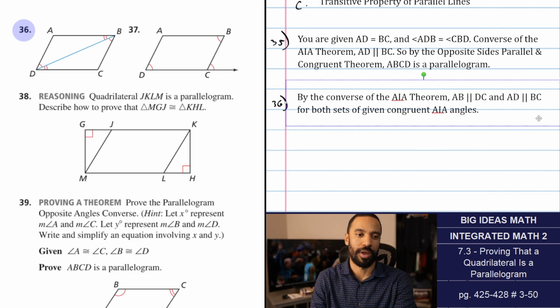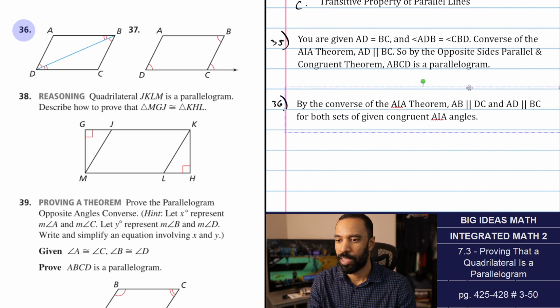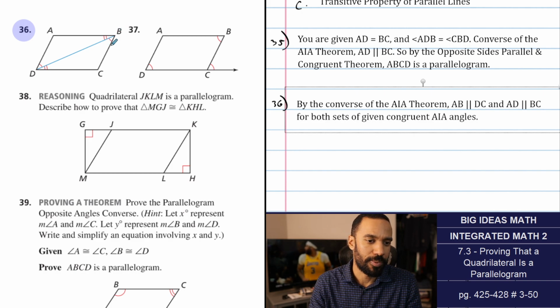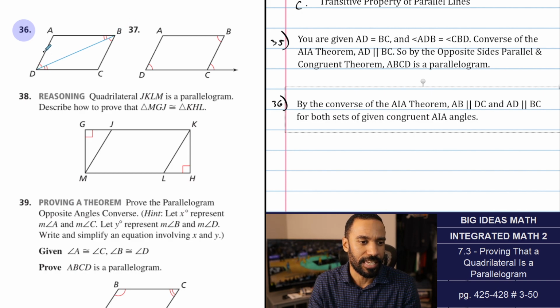I'm just going to state what they are, right? You have the markings that are marked there, and that means you can use those things here. So because of these two angles being congruent, this one here and this one here, we can state that these two lines are parallel, or sides. And because this one is congruent to this one here, those are two lines cut by a transversal right here, these also are going to be parallel as well.